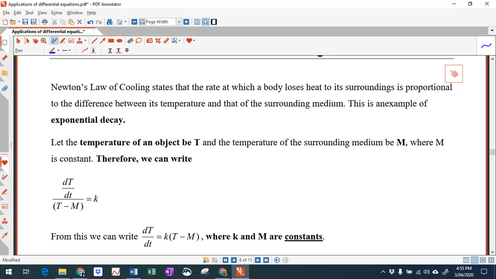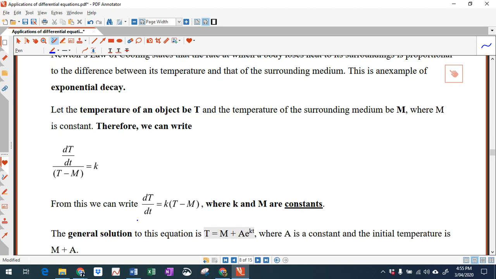So if you look at the very top part there, it says the body loses heat to its surroundings. The rate at which it does is proportional to the difference between its temperature and that of the surrounding medium. So this is the equation we can write. We can say that the rate of change is proportional to the difference between the temperature of the object and the surrounding medium. Okay, so that's what this means mathematically.